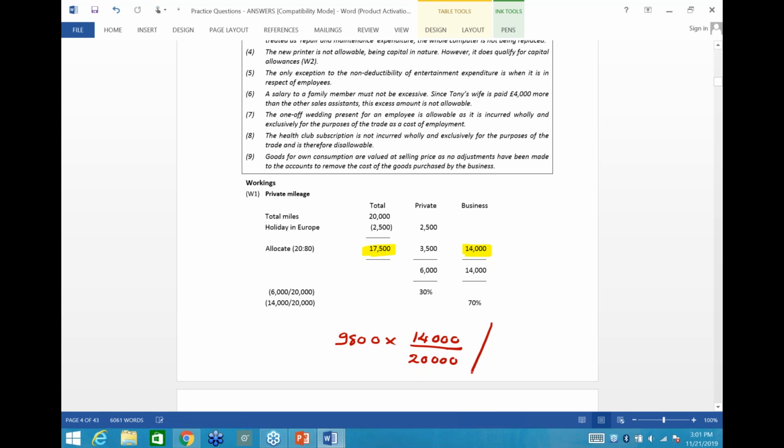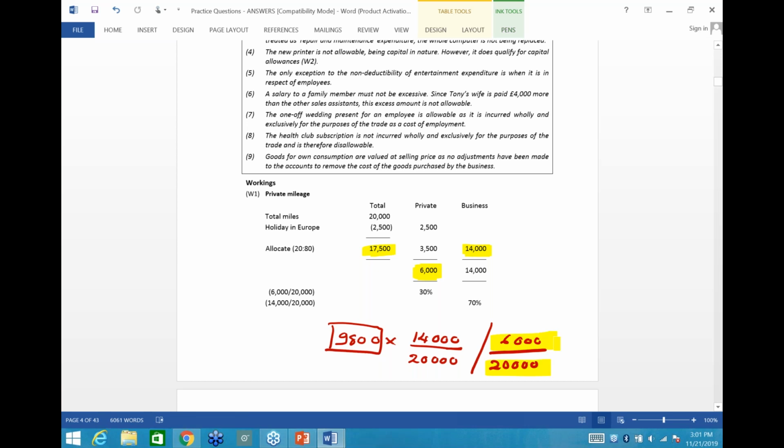But you would notice out of this 20,000, 6,000 in total I have done for my private journeys. So 9,800 divided by 20,000 multiplied by 6,000.